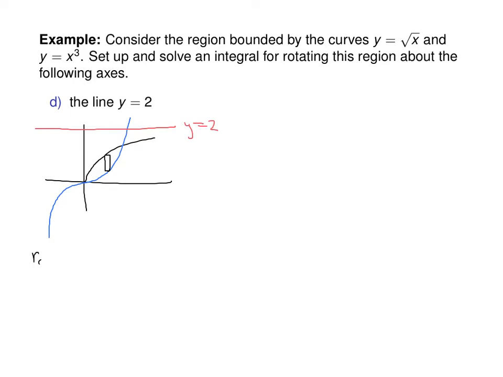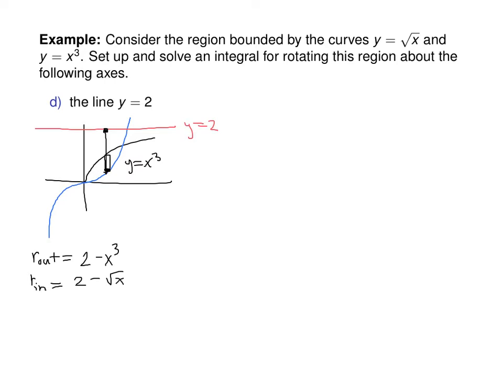So r out, the distance from my axis of rotation out to that blue curve. Remember, that blue curve is y equals x cubed. So in this case, r out is 2 minus x cubed. R in is 2 minus root x.